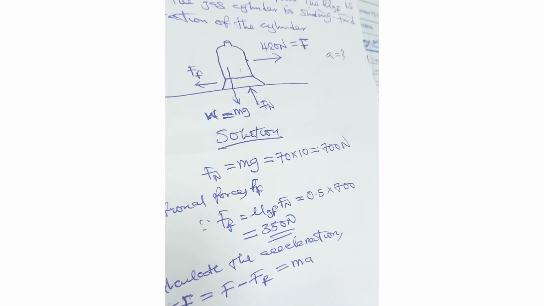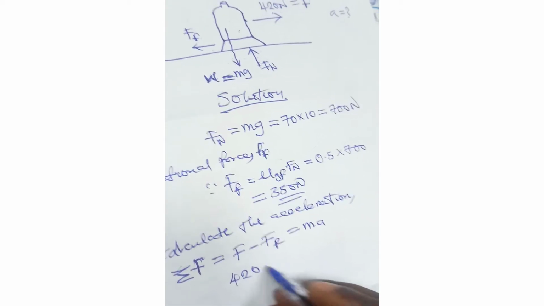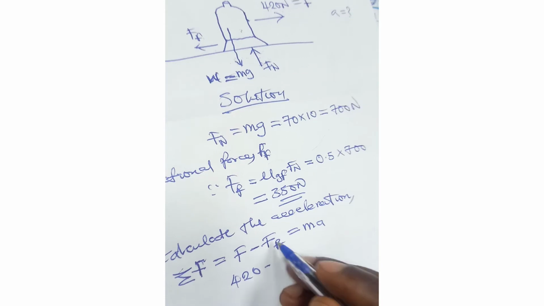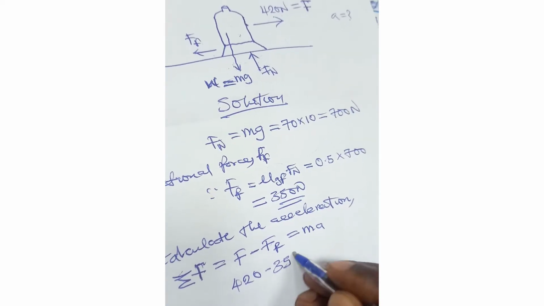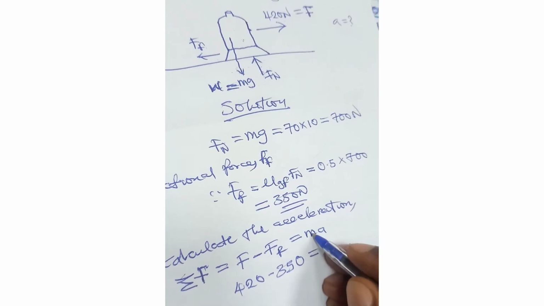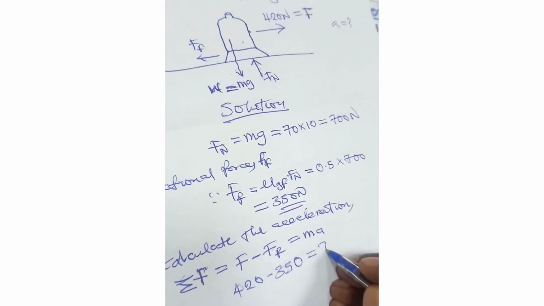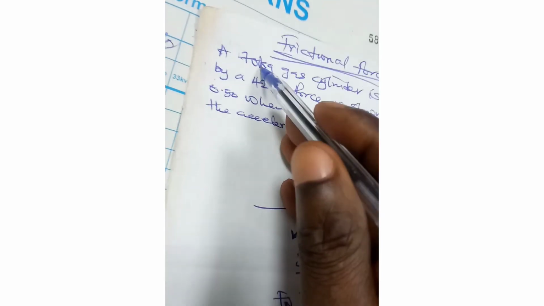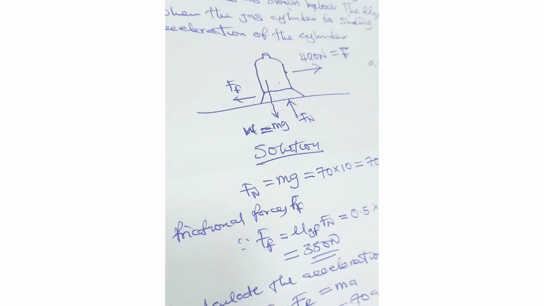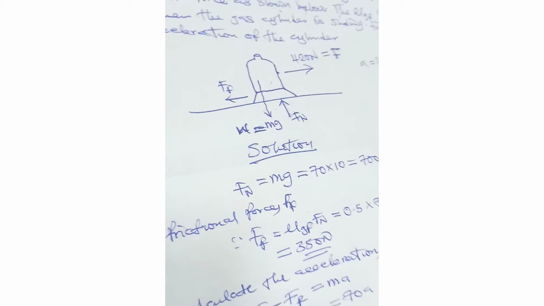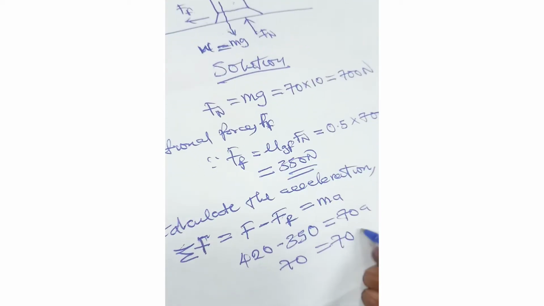Remember. Now, what's this? This is given to be 420 minus, what's this? This is calculated to be 350, which is equal to m times a. Our m is given in the question to be 70. Then a is what we have to calculate. When we subtract, we get 70 is equal to 70a.